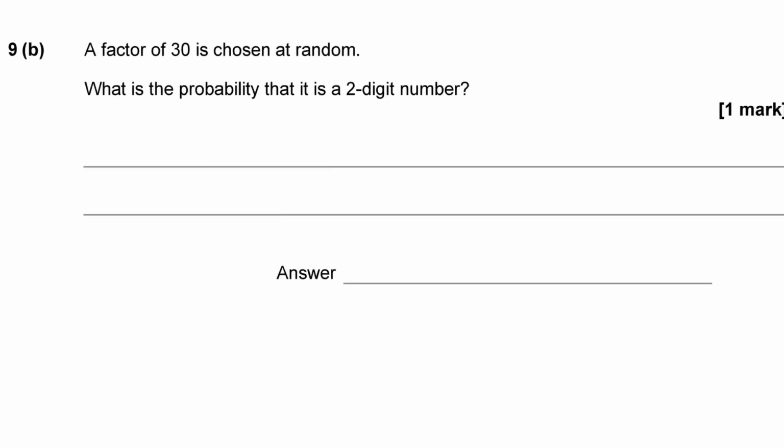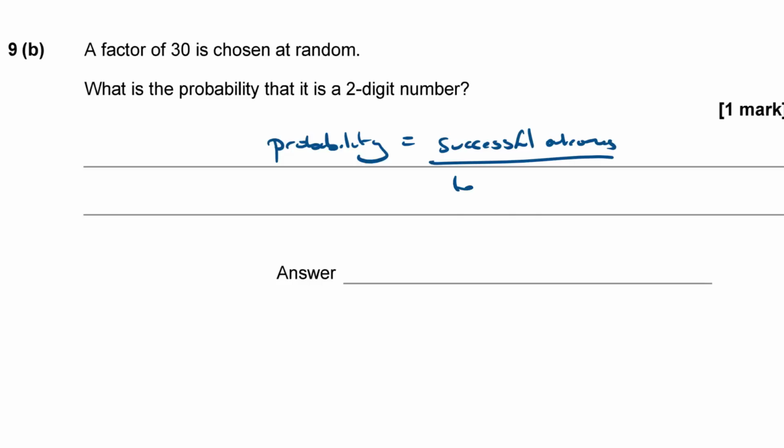Part B says a factor of 30 is chosen at random. What is the probability that it's a 2-digit number? Okay, so probability is defined to be successful outcomes divided by total outcomes.